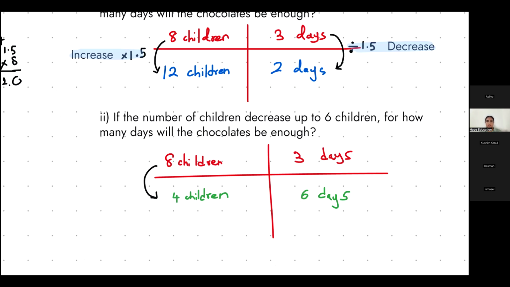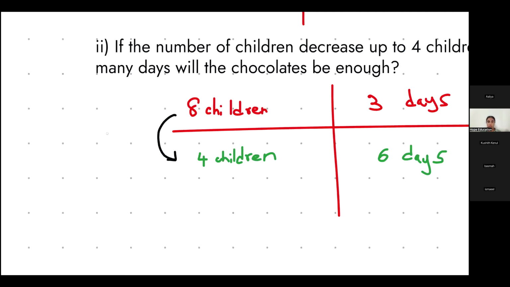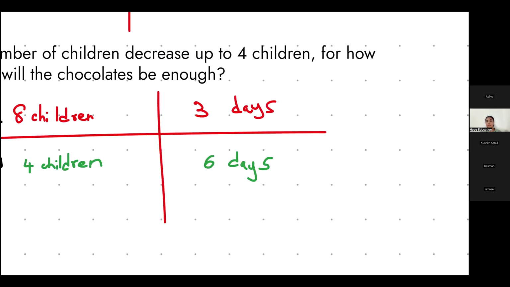Here also let me change this slightly. Now the number of children has decreased by a ratio of 2. 8, 2 can divide, 4 in it? So this has decreased by a ratio of 2. But look at the number of days. Number of days have increased by a ratio of 2.